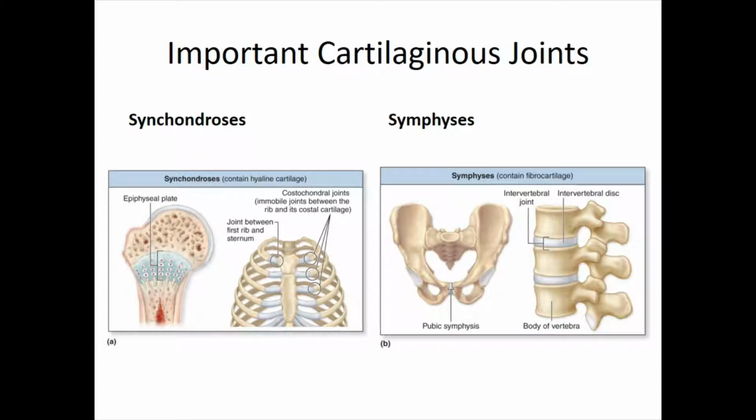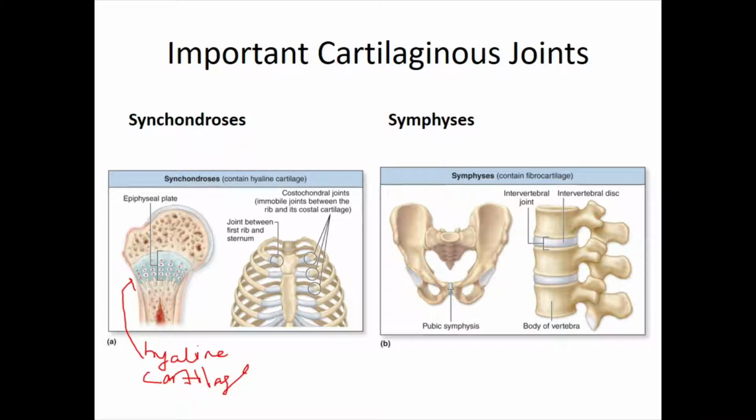Other important cartilaginous joints. So the epiphyseal plate, we should have addressed this a little bit during the ossification process in chapter 7. This is a leftover remnant of the hyaline cartilage from the fetal skeleton, and this allows the long bones to grow in length. We also have the costal cartilage.